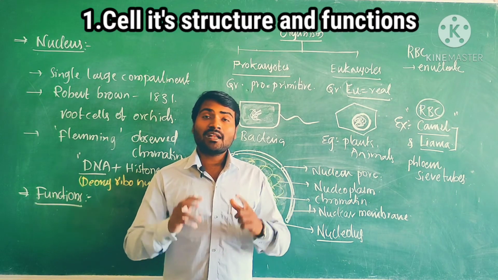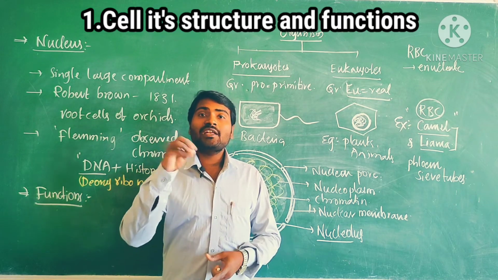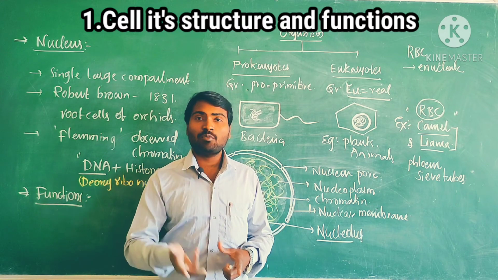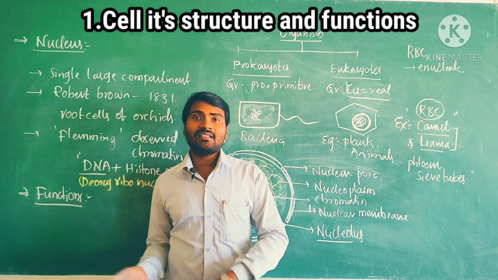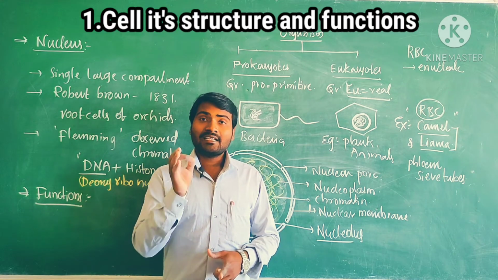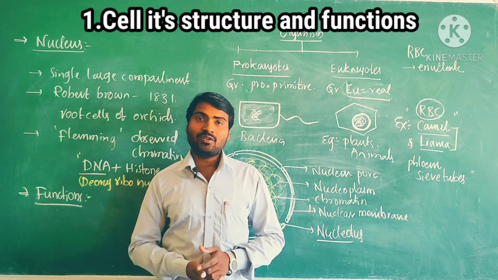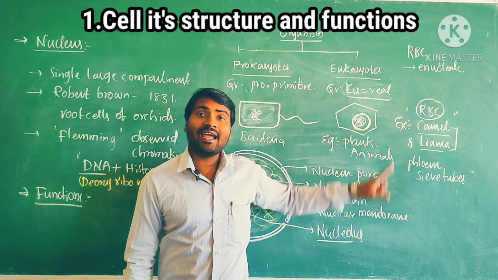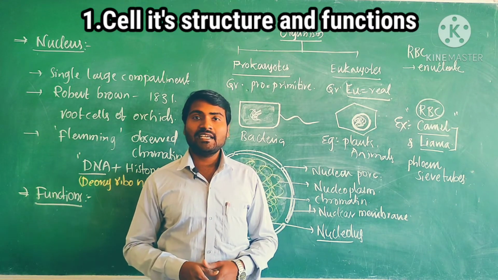body cells. But after the maturation of RBC, when they develop, slowly the nucleus disappears. It is providing space for more hemoglobin. That is in normal human beings and all other mammals. But in camel and llama, their RBCs have a nucleus.